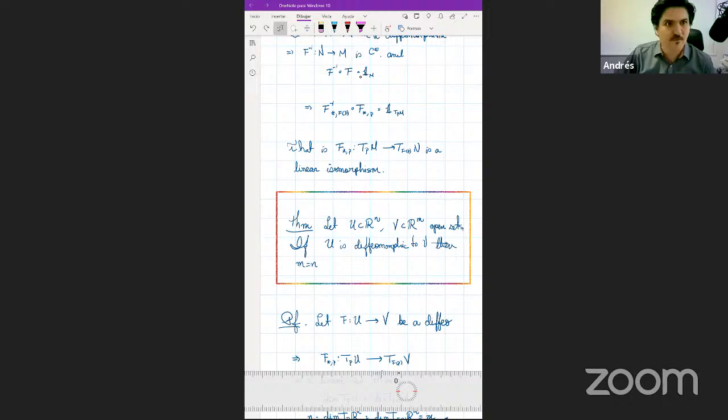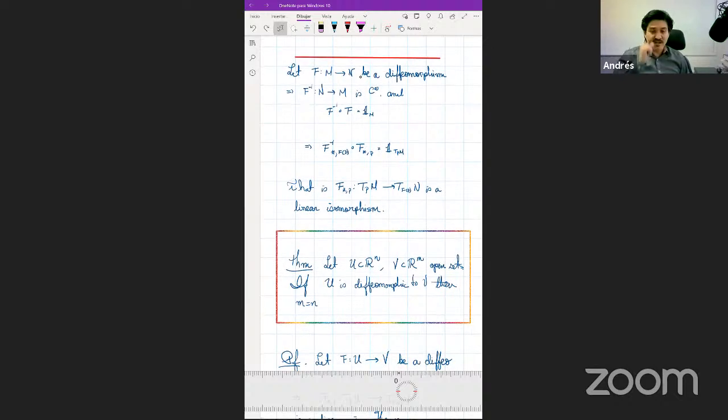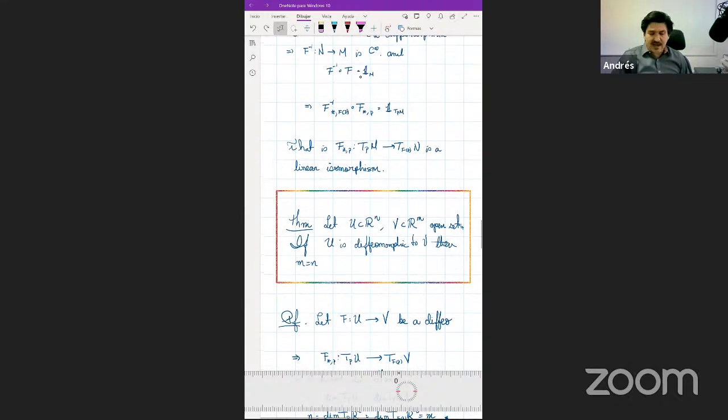Okay, now we are back. So sorry for this. So again, we want to prove the invariance of domain of the dimension. So again, I have U and V open sets which are diffeomorphic. So we said I have a function f which is a diffeomorphism. By the above observation, the linear map at any point on U is going to be a linear isomorphism.